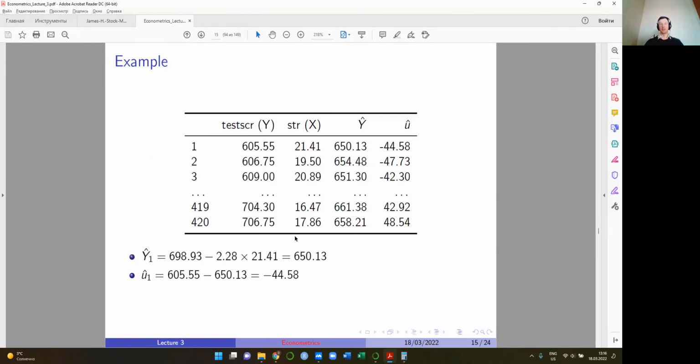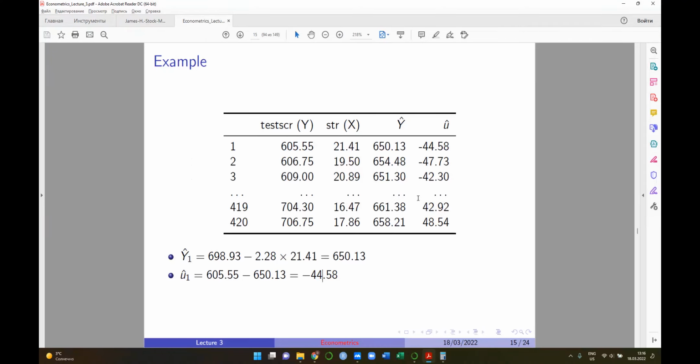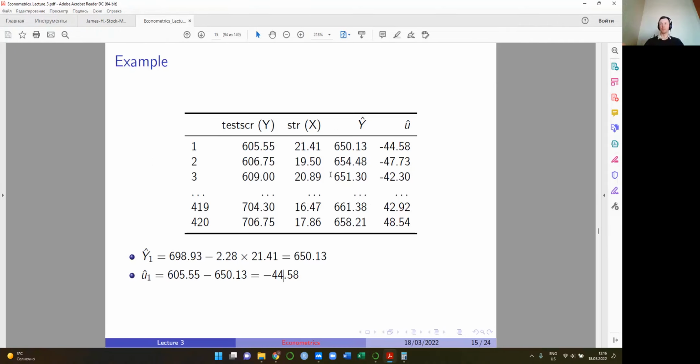The residual is calculated as the difference between the observed value of y and the predicted value of y, minus 44.58 here. And we do this for every observation in our sample in the same way. I guess this is very simple logic, how to do this.